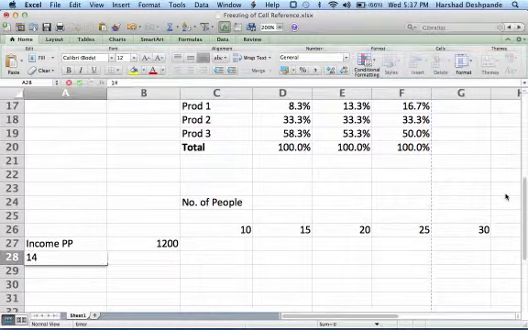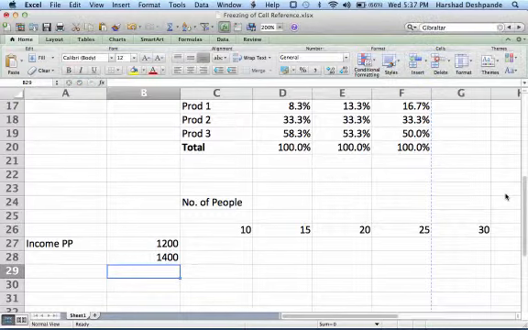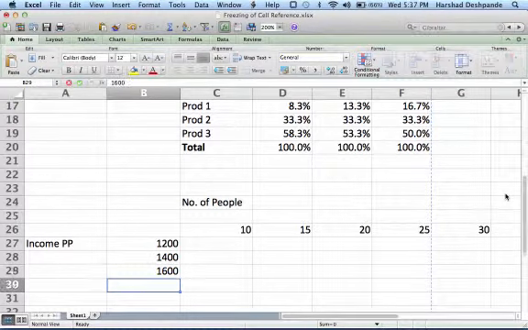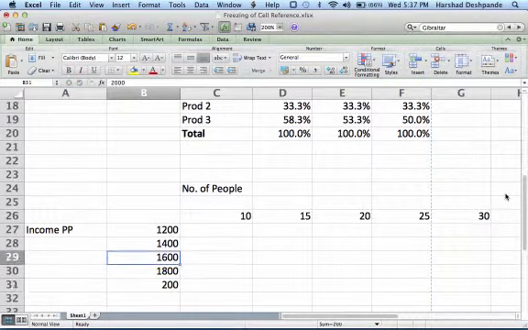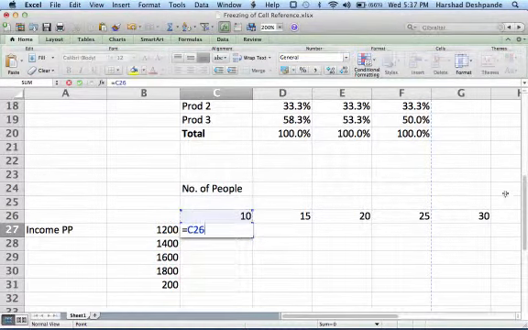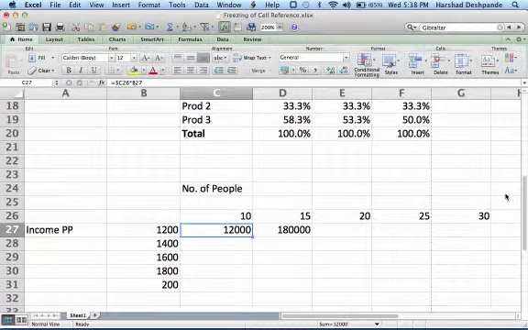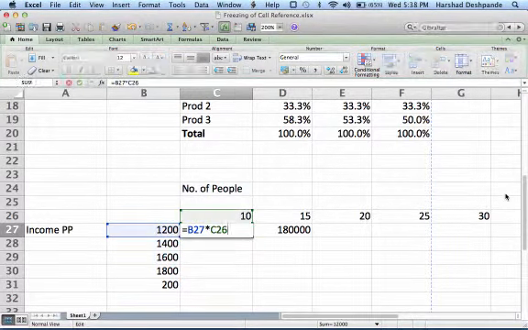This 1200, 1400, 1600, 1800 and 2000. At the intersection of each of these cells, I want you to do the computations of both matrices in the form of multiplication. Now let us say you began with this basic calculation of 12,000.